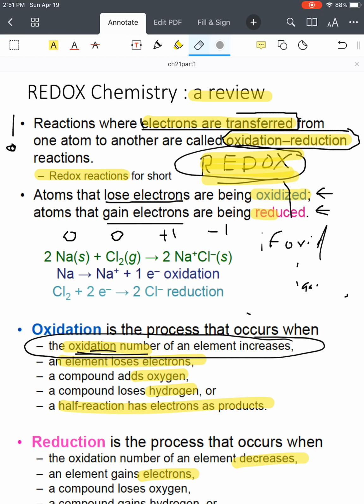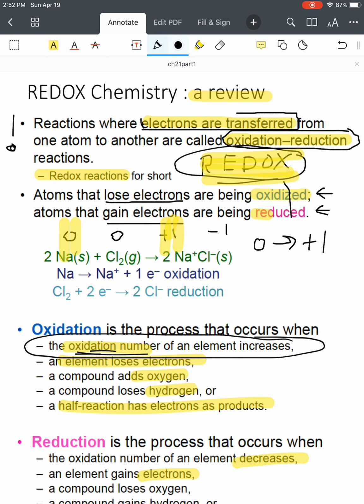Now, like it says at the bottom of this slide, if the oxidation number of an element increases, notice the case for sodium. We go from 0 to +1. That's for sodium, right? The Na.